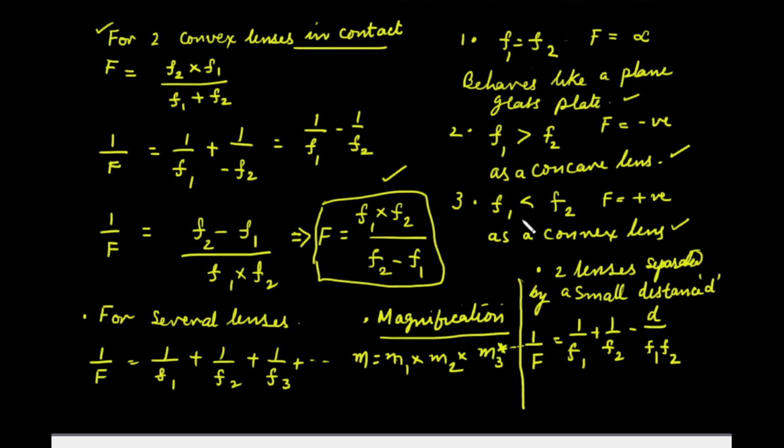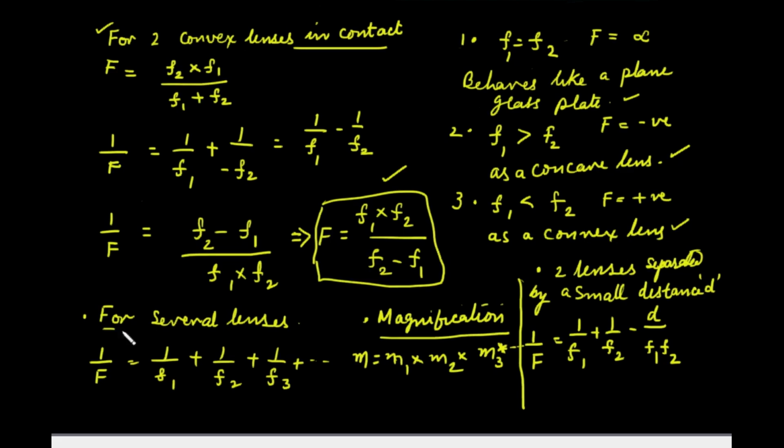In the third case, the power of the convex lens is greater than the power of the concave lens. That is why it is behaving like this. When the power of the concave lens is more, it behaves like a concave lens. When the power of the convex lens in combination is more, it behaves like a convex lens.